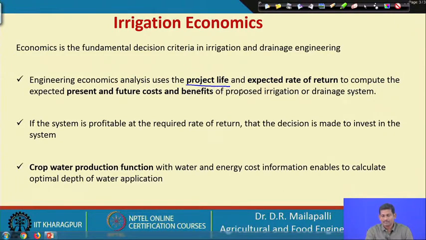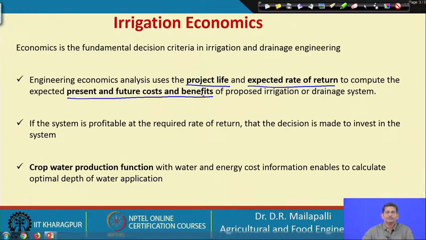So that's project life and expected rate of return, used to compute the expected present and future costs and benefits of the proposed irrigation and drainage system. Knowing the project period and rate of return, you bring both costs and benefits to present value and compare them to see whether it is beneficial to invest in this particular irrigation project or not.